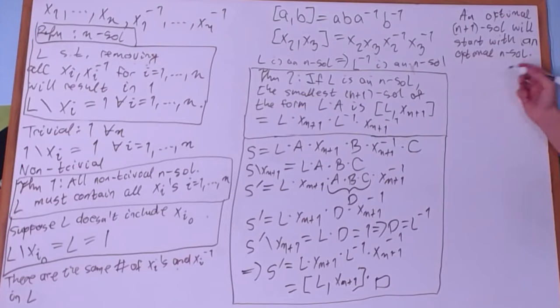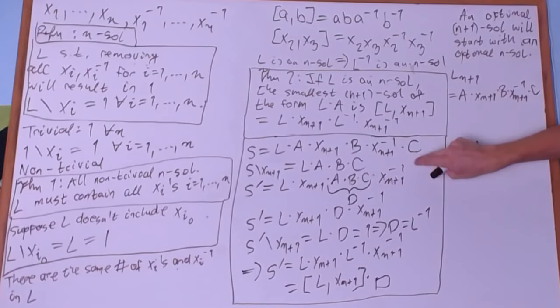Why is that? Well, suppose we have an optimal n+1 solution, L n+1. This is going to be equal to A times xn+1 times B times xn+1 inverse times C. The reason why I'm just writing it like this and not adding on anything else is because of the same logic I used here. You could reduce it to this form if it's optimal.